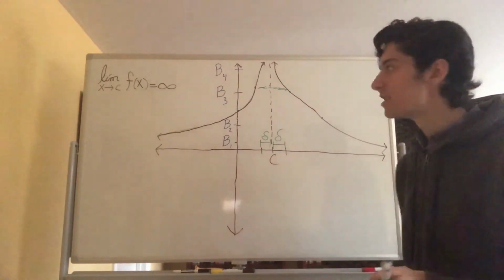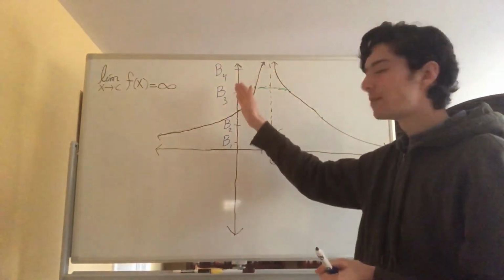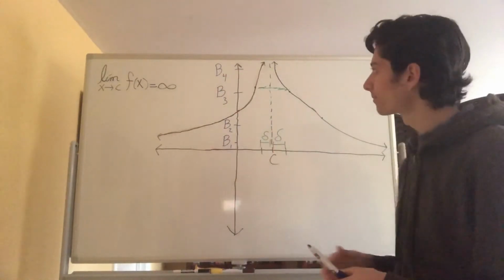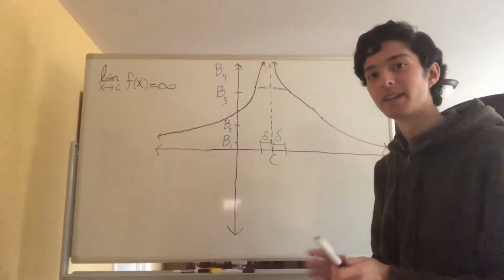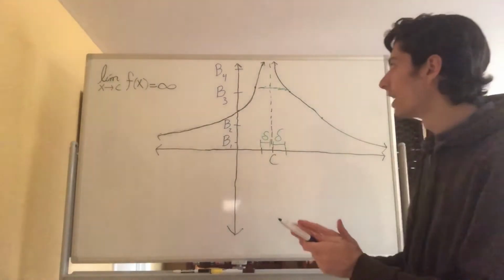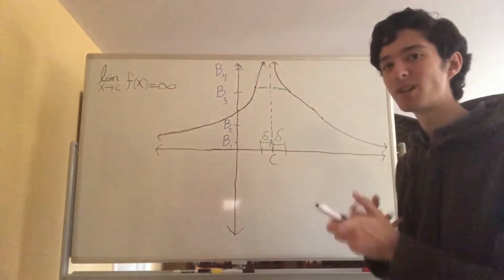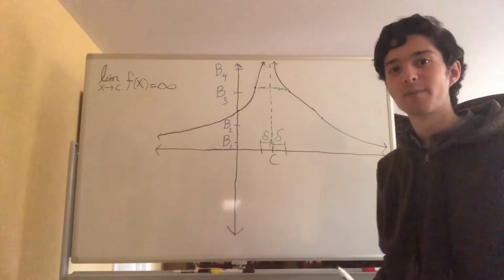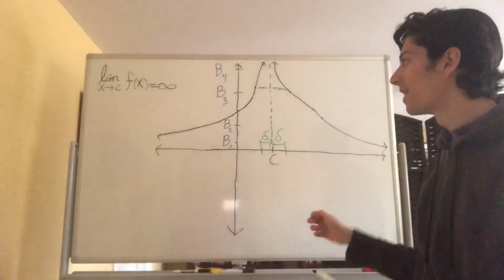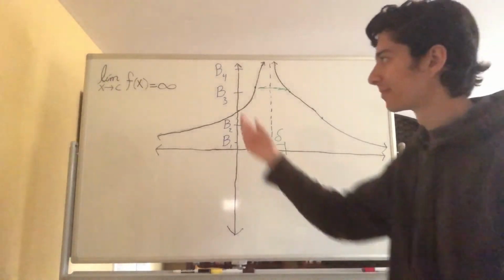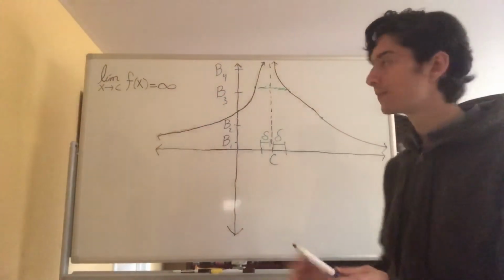And what we can see is we can keep setting b to be larger and larger. So we could set it to be b4, and we would want to make our delta even smaller. And we could keep going higher, and we could set a delta smaller, but it wouldn't matter because we could always find a delta, right? And that's what it means to follow this limit.